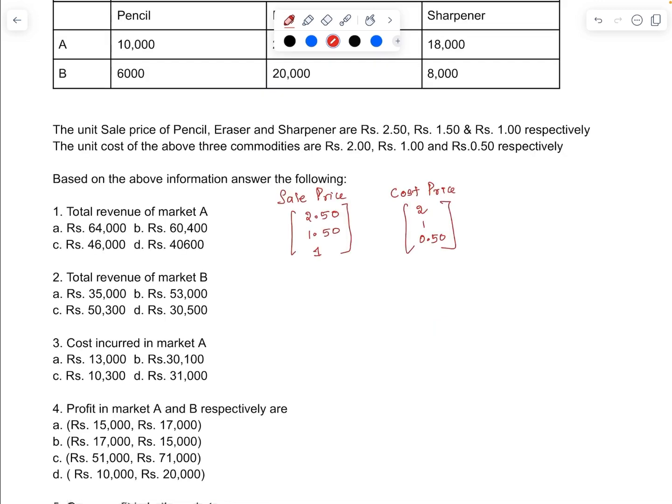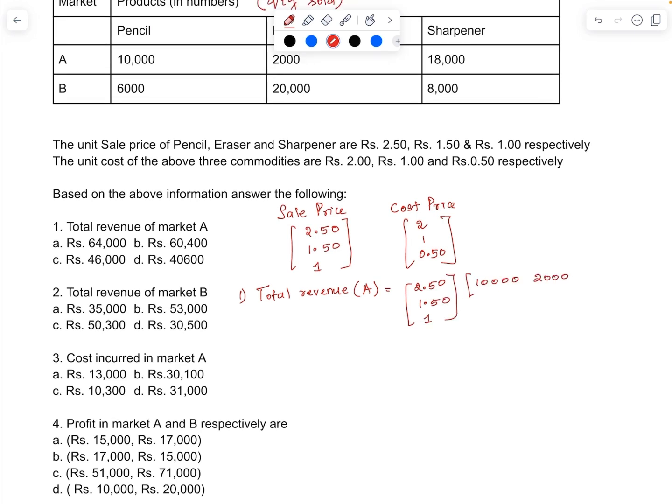Question 1. Total revenue of market A. So to get the total revenue, we have to multiply the quantity sold with the selling price. Selling price matrix is 2.50, 1.50 and 1.